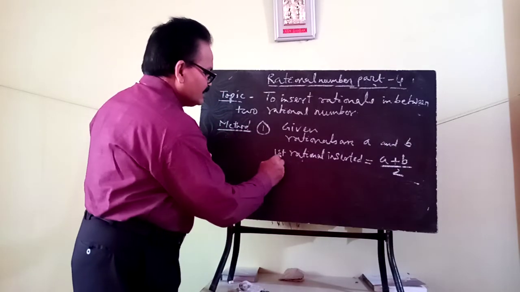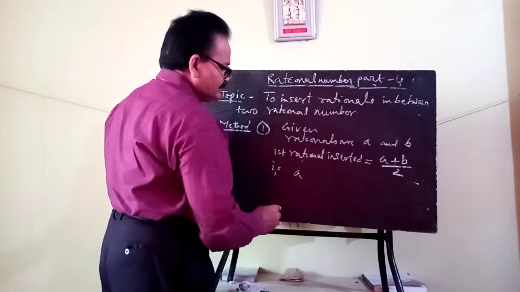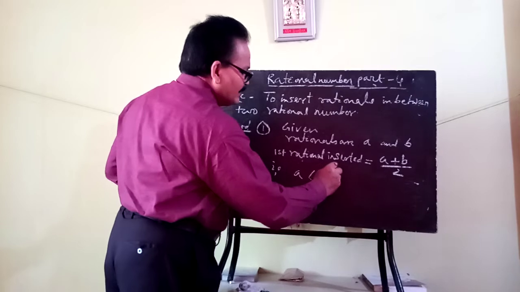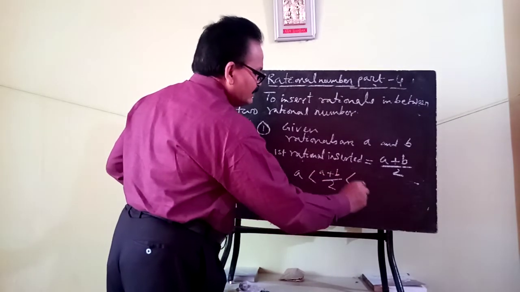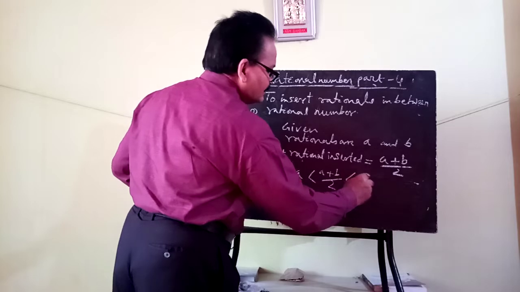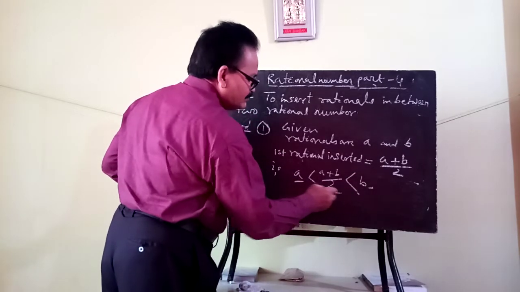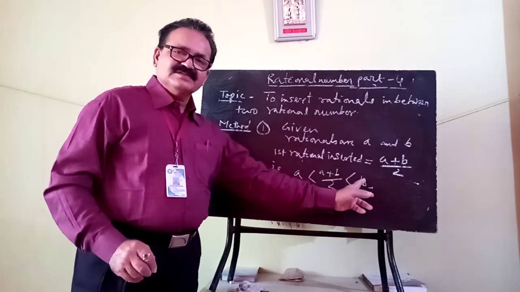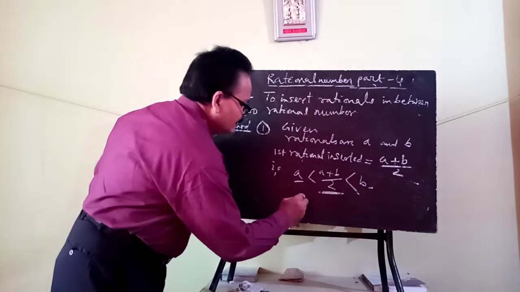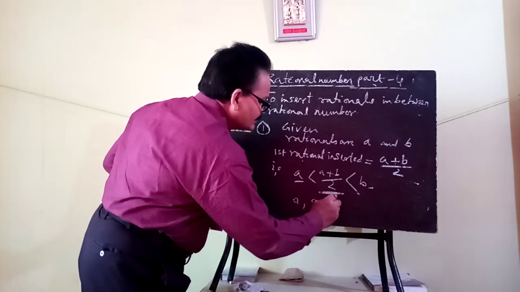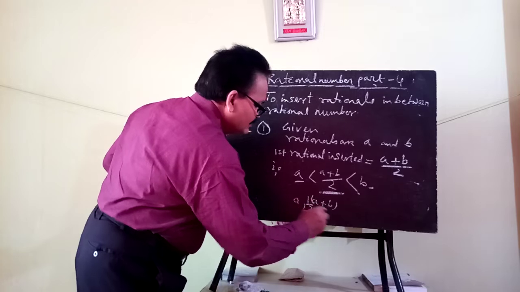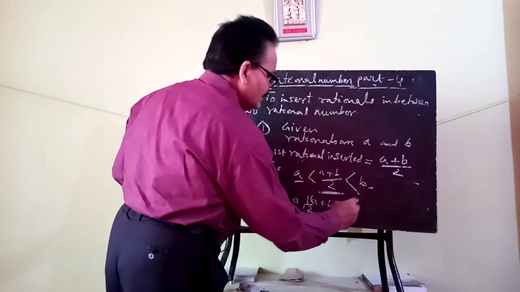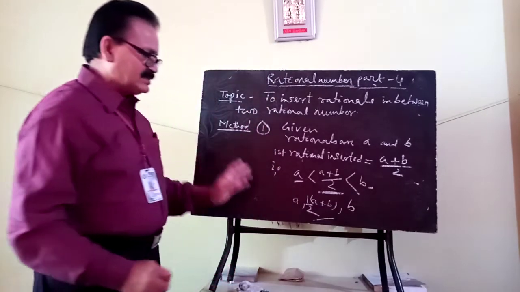That means in this case A is lesser than A plus B by 2 and A plus B by 2 is lesser than B. So this A plus B by 2 lies in between the two rationals A and B. So now the series becomes A comma A plus B by 2, means half of A plus B, comma B. So this one number is inserted.